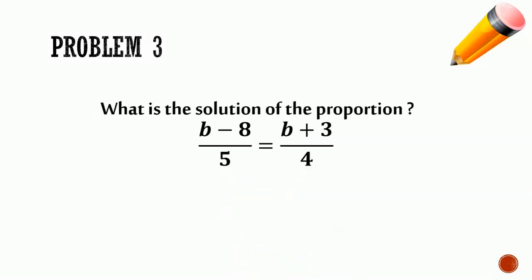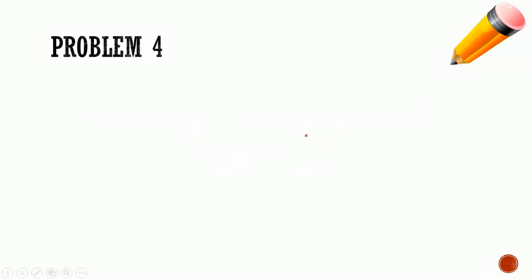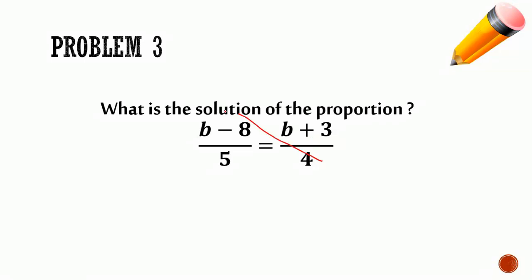Let's try a little harder of a problem. I have b minus 8 divided by 5 equals b plus 3 divided by 4. Same thing. Let's multiply diagonally. So I'm going to go 4 times the quantity, or the entire thing, b minus 8. Make sure you put that in parentheses, otherwise you won't take 4 times the entire thing.